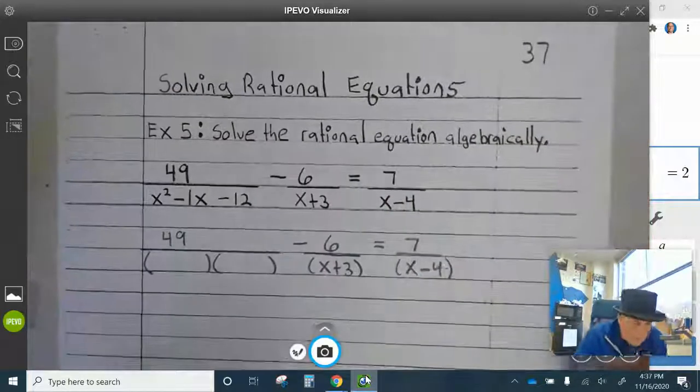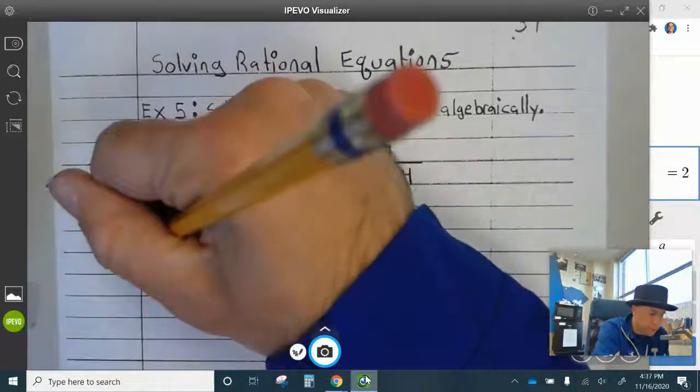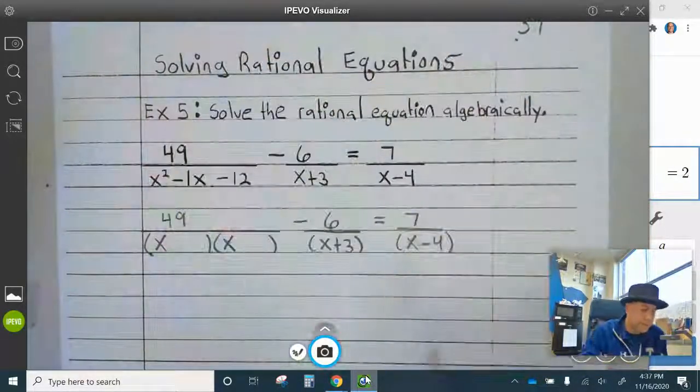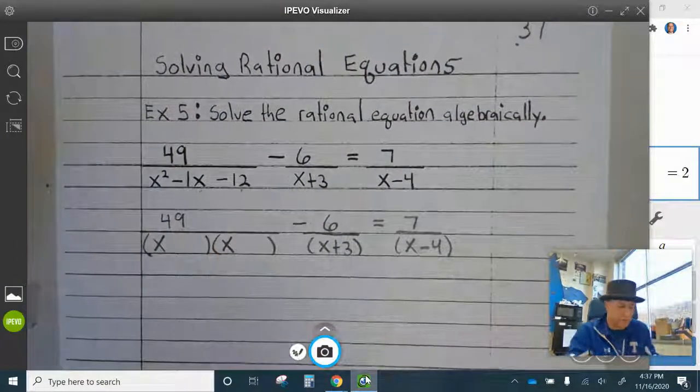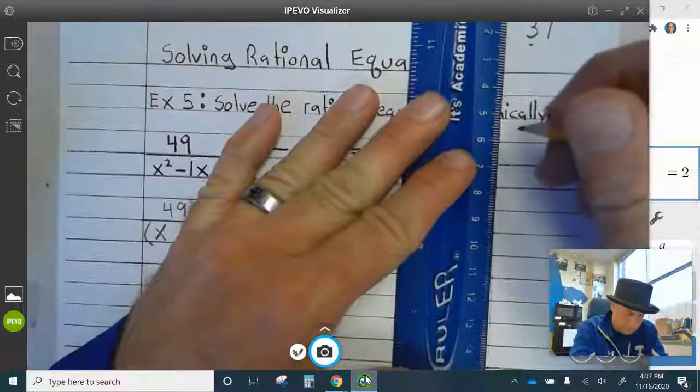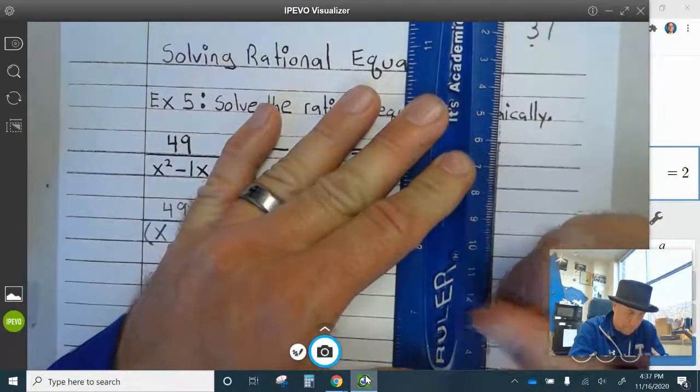minus 4, okay? Now, to make x squared, we know x times x, but now we need to find out what numbers multiply to give you negative 12 and combine to be negative 1, okay?